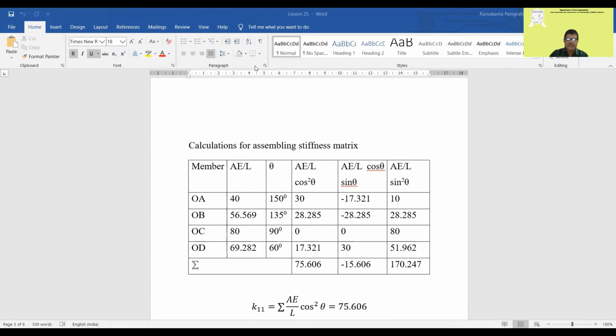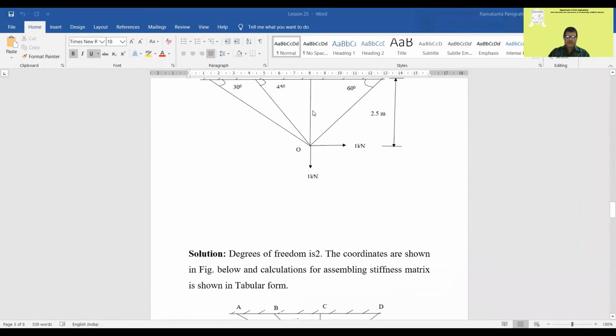Let's try to understand. This is the reference line. From the reference line, you measure in anti-clockwise direction. The angles given, you can measure from here.